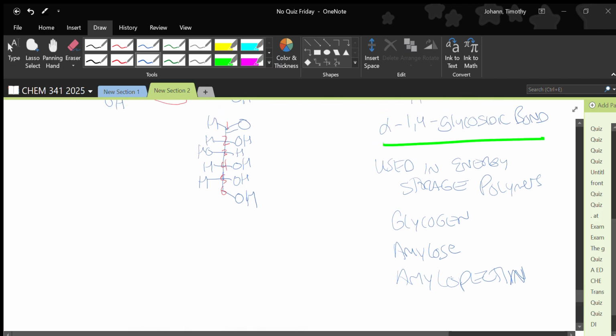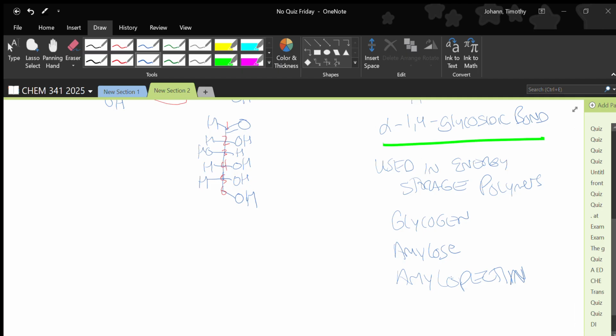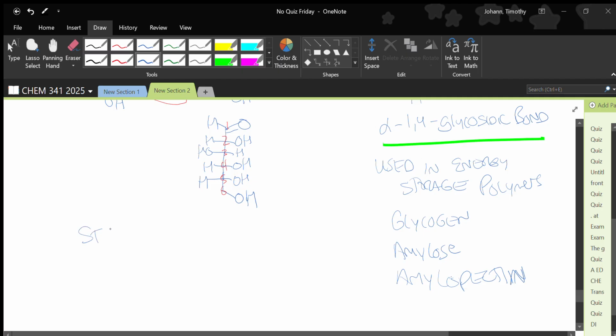Okay, and that's different than what you see in structural polysaccharides. Structural polysaccharides use beta 1,4 glycosidic bonds, in terms of glucose molecules or modified glucose molecules.